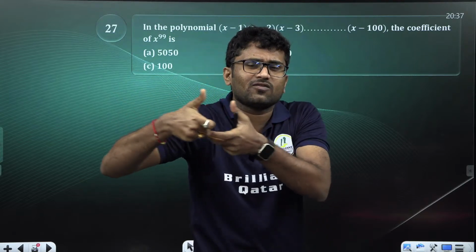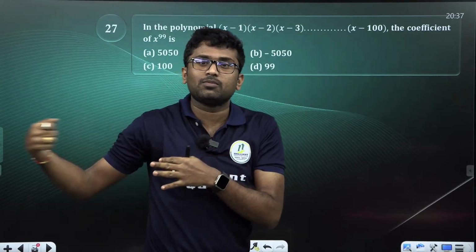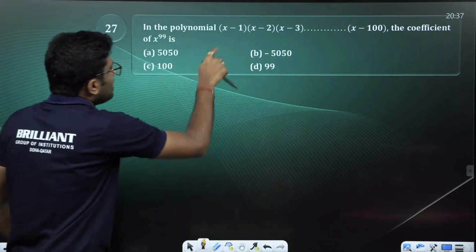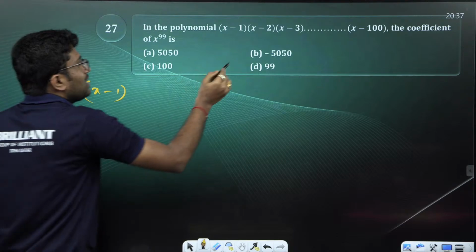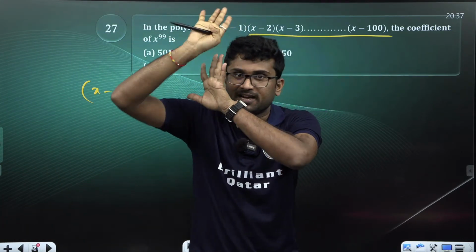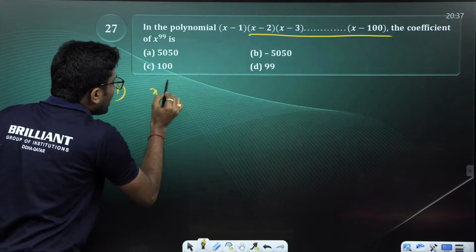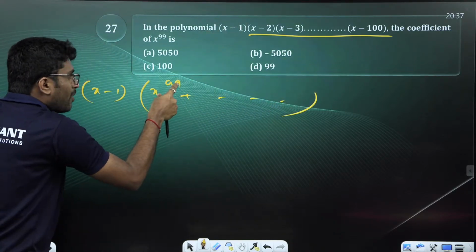So what are all the ways that we can remove one factor? Suppose we set (x-1) aside. The product of all the rest will give highest x^99.